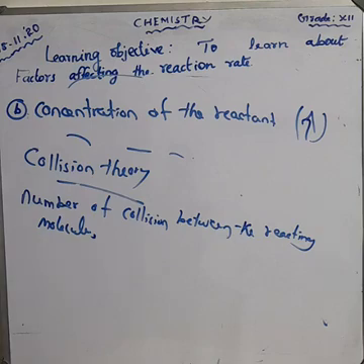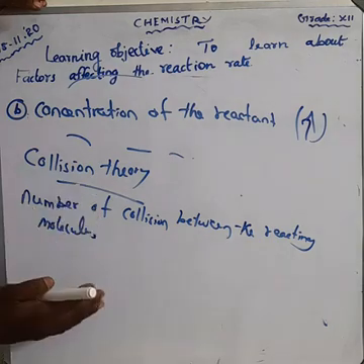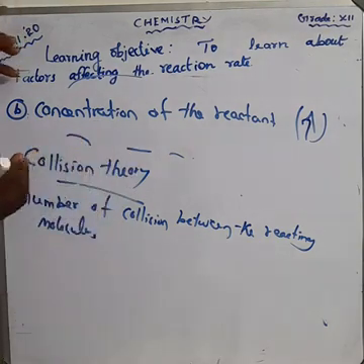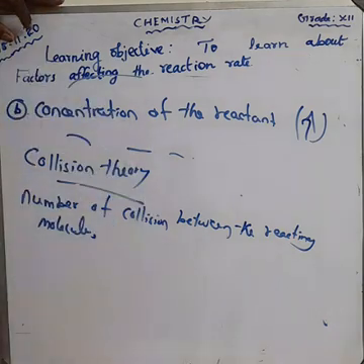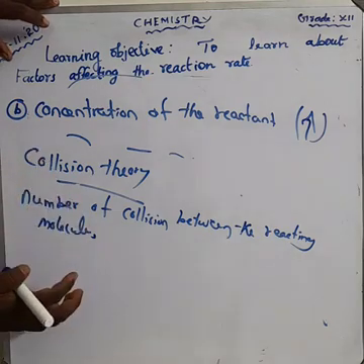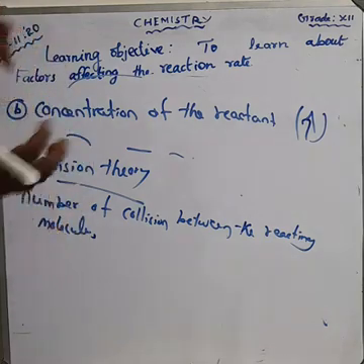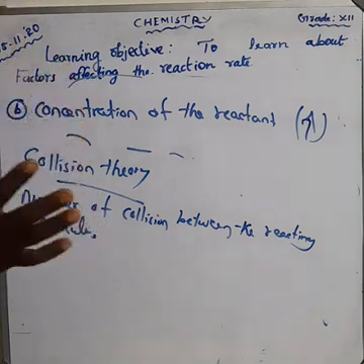Clear? So, suppose the concentration of the reactant is higher, then greater is the possibility for collision, and hence the rate is higher. If the concentration is high, collision is also high, and the rate is also high.